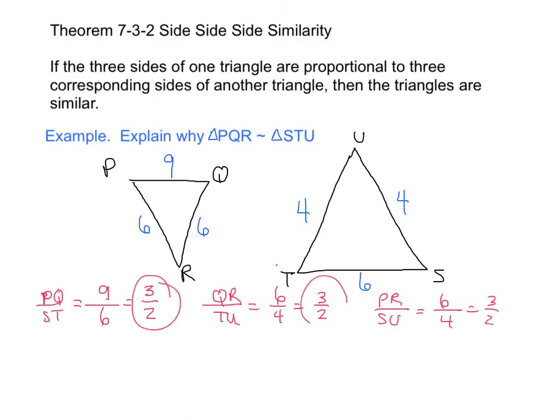Because all of these reduce to the same number, 3 halves, 3 halves, 3 halves, we can say that this is side-side-side. As side-side-side says, they are all proportional. And so therefore, yes, these are similar by side-side-side.